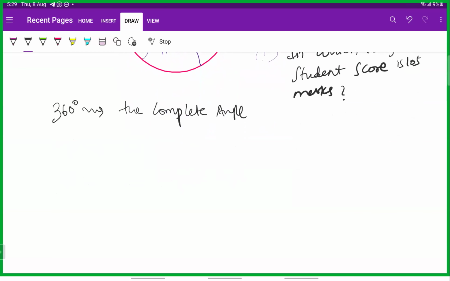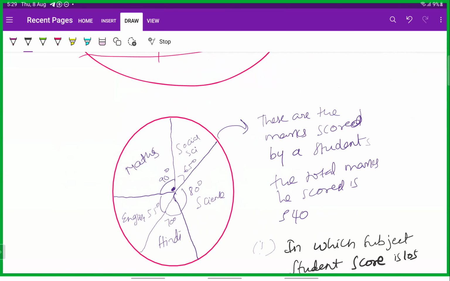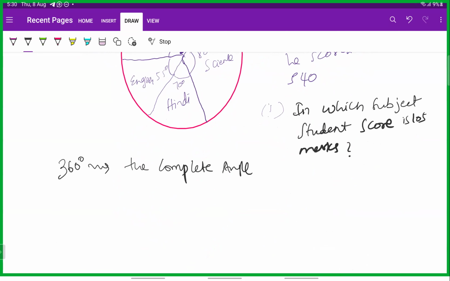If this pie chart is 360 degrees, and it is also said in the question that this pie chart is mentioning the marks scored by a student, and the total marks scored by a student is 540. So this pie chart on the whole is equal to how much? 360 degrees means complete angle. When it is 360 degrees only, it will become a pie chart. Correct or not? Yes, sir.